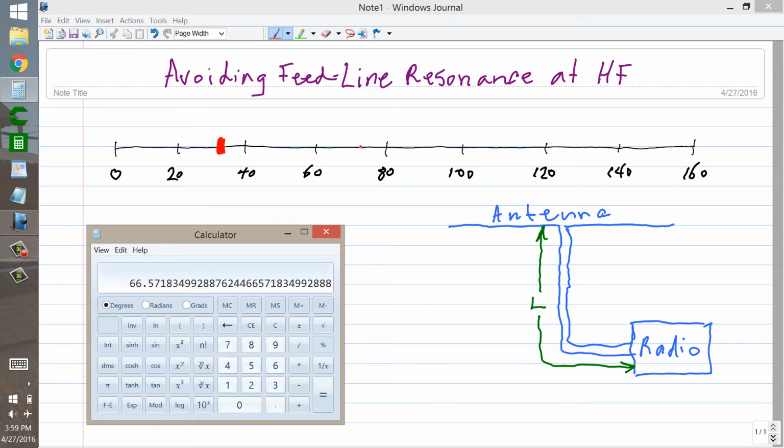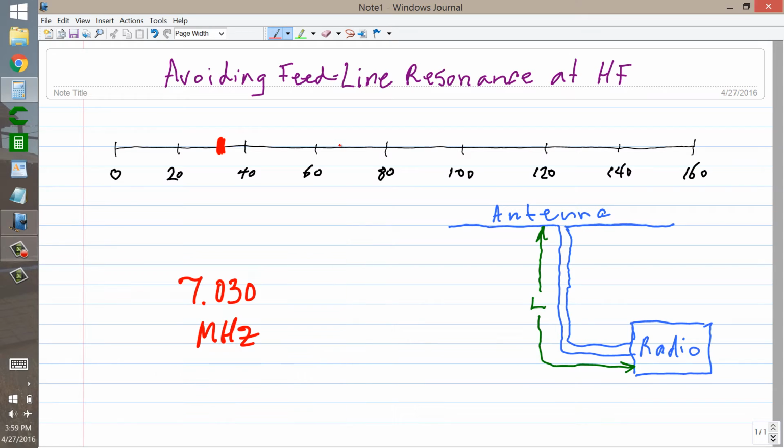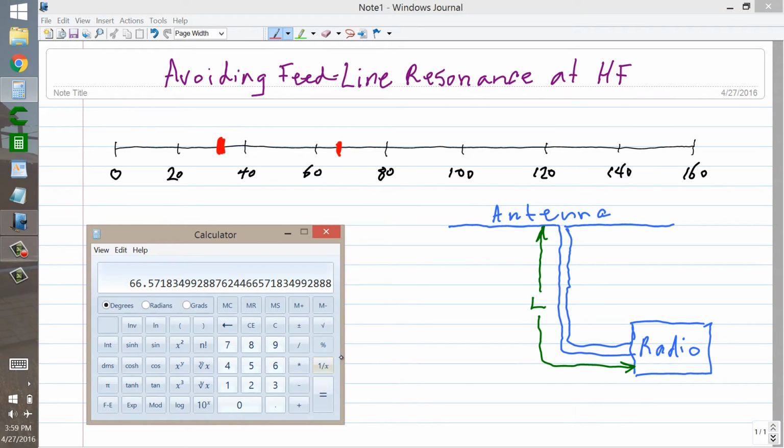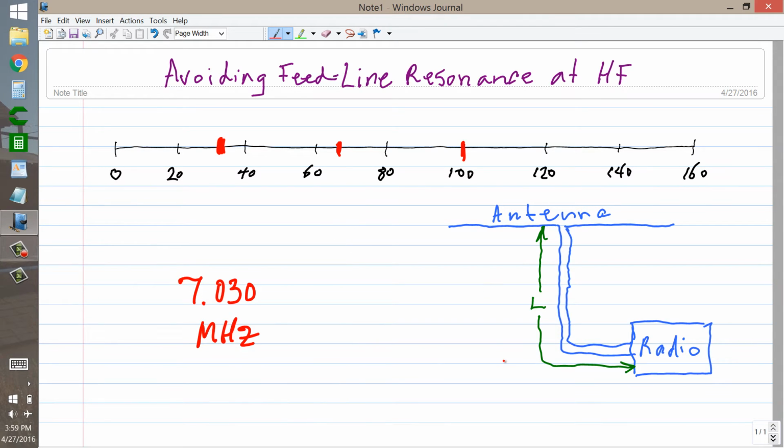You want to avoid that. Now multiply by 3: 99.8 feet, just about right on the nose at 100.